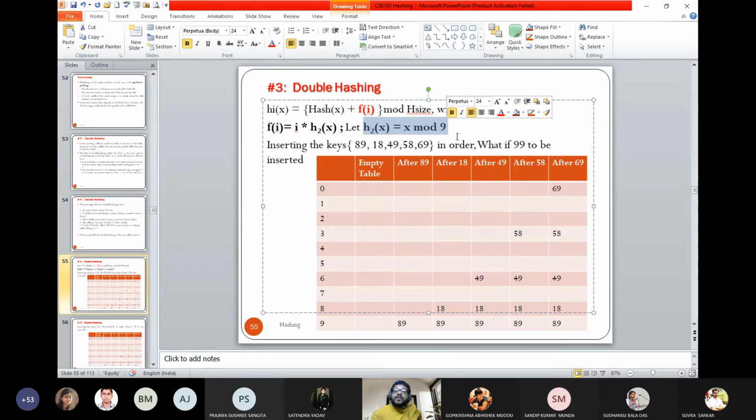What is the h2(x) value? 49 divided by 9 gives 4. So 4 multiplied by the i value, which is 1. Your earlier number was 49, so 49 plus 4, what did you get? 53.